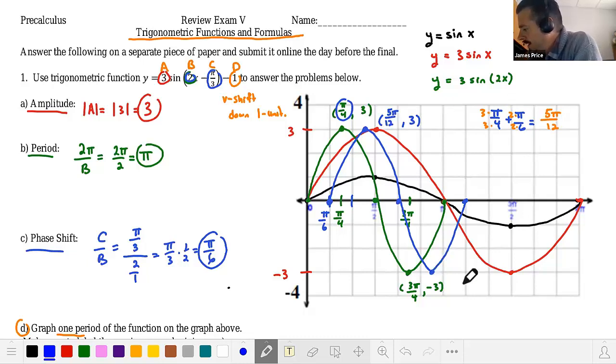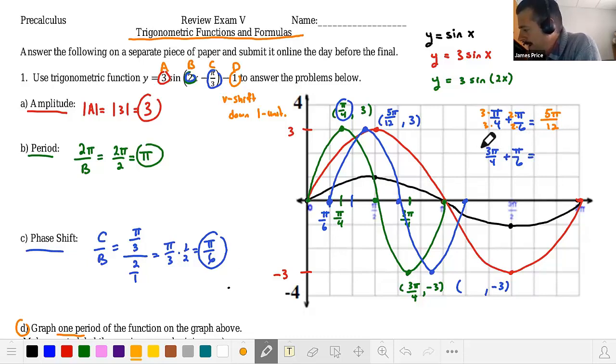And this point down here, well, again, the output is still negative 3, but what's the input? So you take 3 pi over 4, and you're going to add, what? Pi over 6 to it. And so again, you got to get a common denominator.